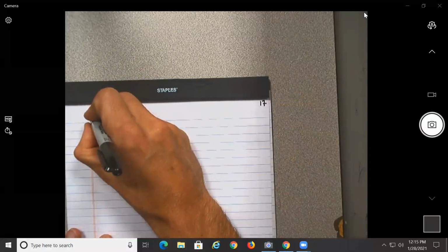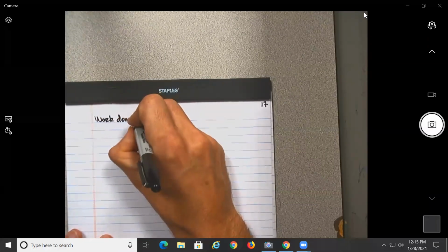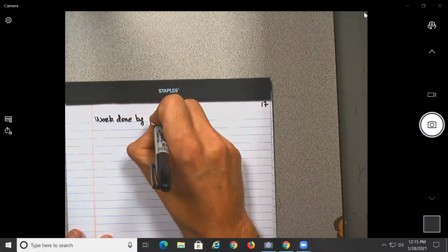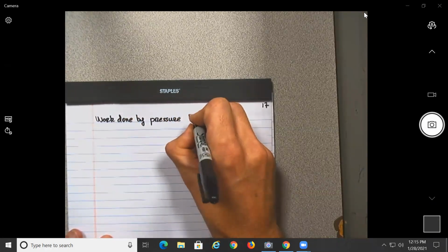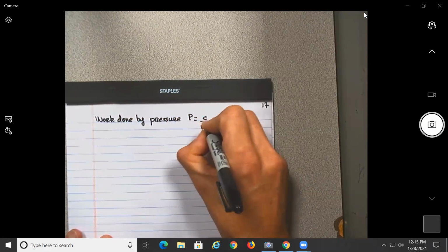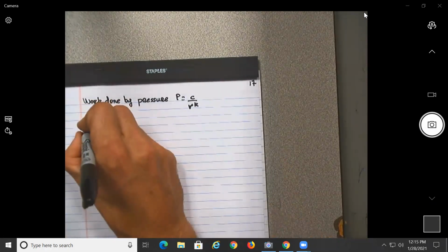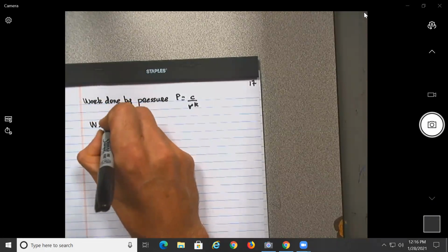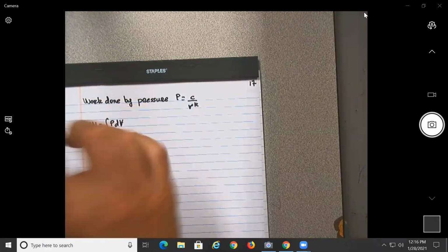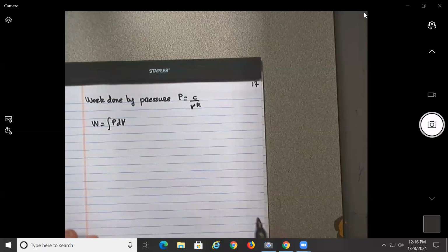All right. So in that case, what is the work done by pressure? P equal to C over V to the K. So if I rewrite the expression, what is work? We just said that work done by pressure will be equal to what? PdV, no? That's what we had over here. What is P equal to?